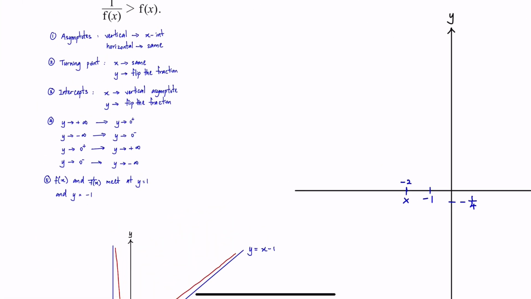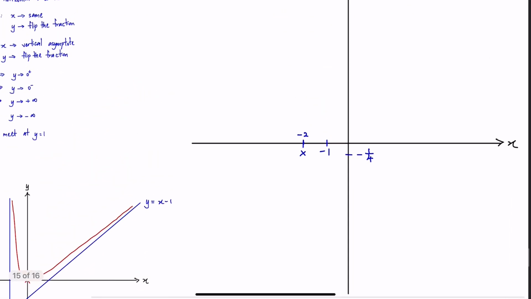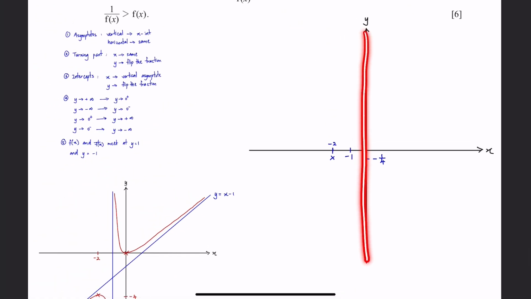And for the intercepts, the x-intercept in the previous graph will now be the vertical asymptote. This will be the vertical asymptote for the y equals 1/f(x) graph.